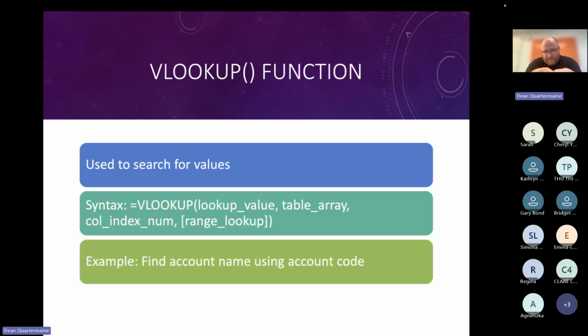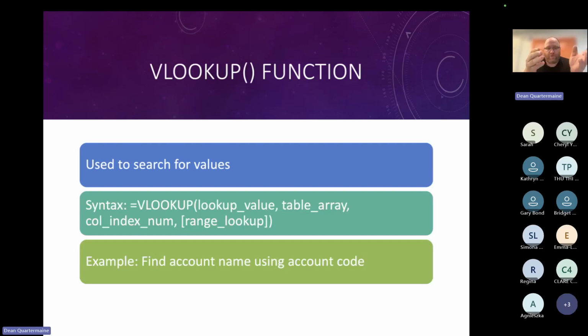And then the column index number is, from that table, once we've looked up this value, which column am I interested in returning the value of? So it might be that we've got account codes in the leftmost column, and in the next column we've got the account name, and we want to look up an account code that we know in this table and pull back the account name, which in our case is in the second column.